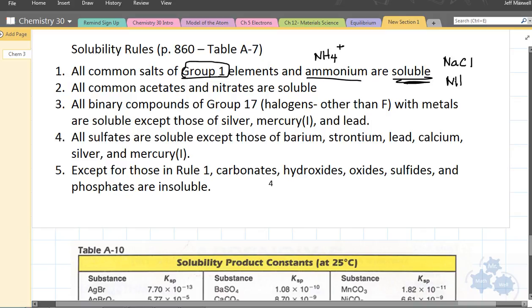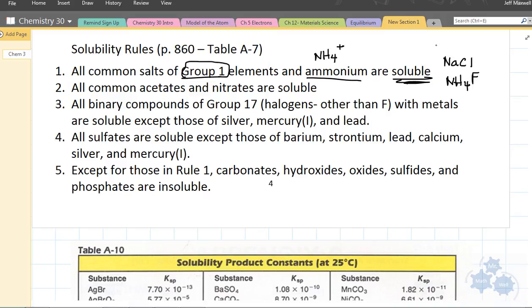NaCl, NH4F, okay, ammonium and a halogen, let's say. All right. So when you see that, NaCl is soluble. Really, most compounds with lithium, potassium, rubidium, cesium, those ones, they're going to be soluble as well. Okay, that's rule number 1.